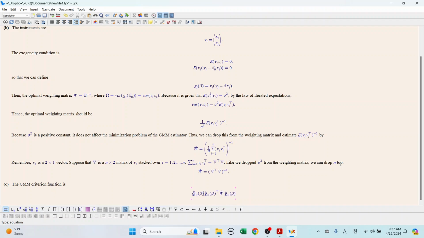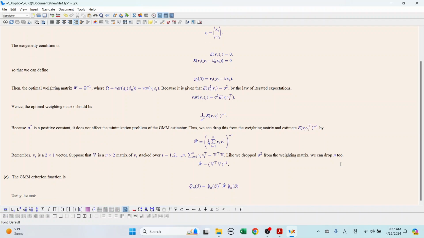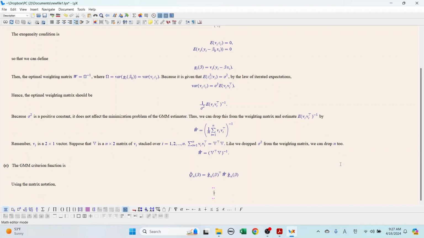So let's call this criterion function Q, and it is defined like this. Remember, using the matrix notation, we defined the sample average of g based on this. So I will copy it.